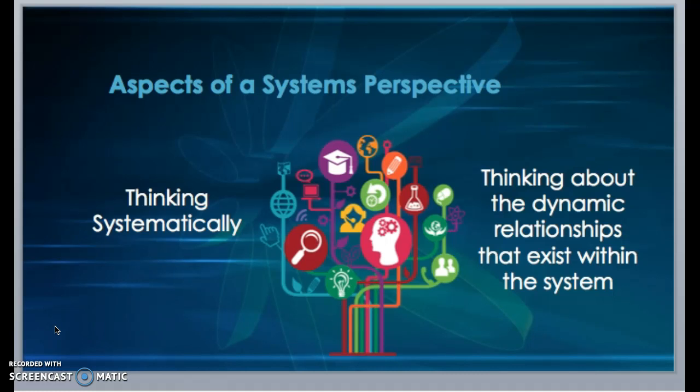The second aspect of the systems perspective is thinking about the dynamic relationships that exist within the system. When introducing a new technology, some may feel threatened or anxious about their ability to use the technology. The technology may change job roles or tasks for some individuals. There may be an increase or decrease in demands placed on other system components.